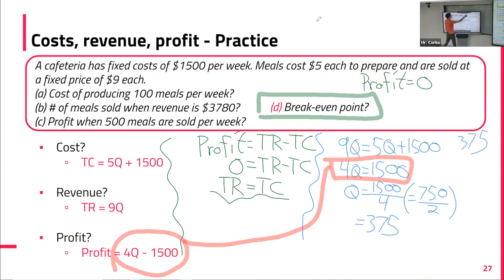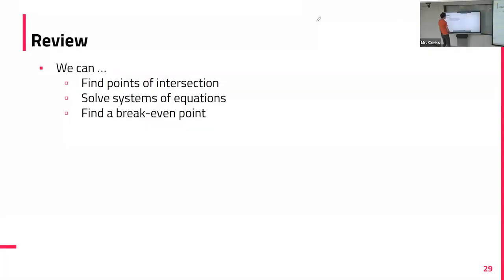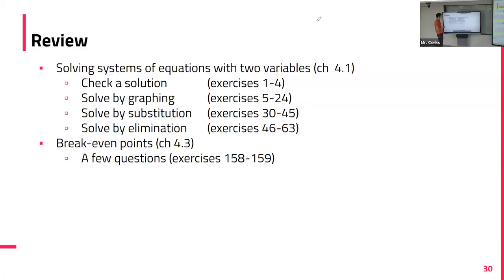All right, I think that was pretty much everything. Just wrapping up, we can find points of intersection. We can solve systems of equations, because often that is just finding a point of intersection, and we can find break-even points for a simple business situation.